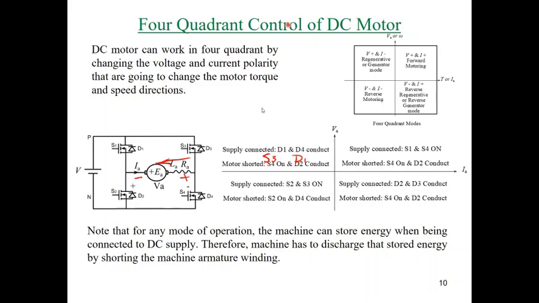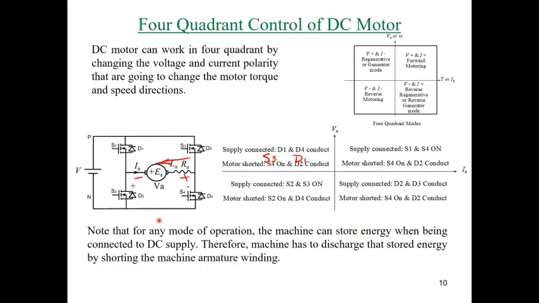Yes, clear, Doctor. But what will happen if we disconnected the supply, but we didn't conduct S2? Your question, you said, what will happen if we turn off all switches?